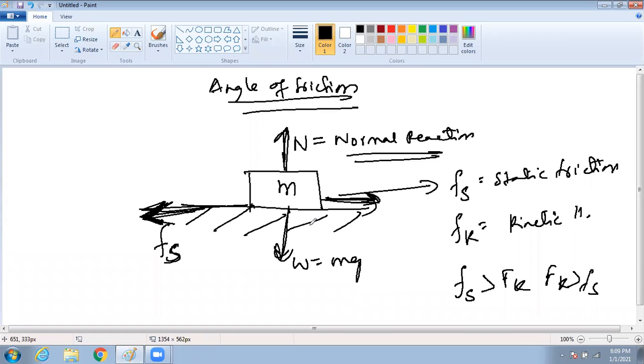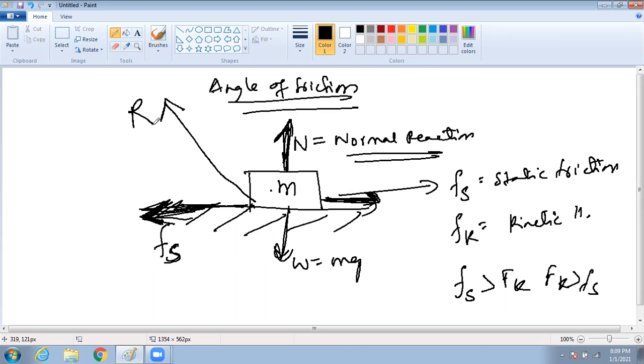Okay. Now, let's say I am about to pull the body this side. I have not pulled it, I'm about to pull. So static friction is already acting. You have the normal force. Now, remember these two forces. Another force will be given, and this is called the resultant force. What is this force called?